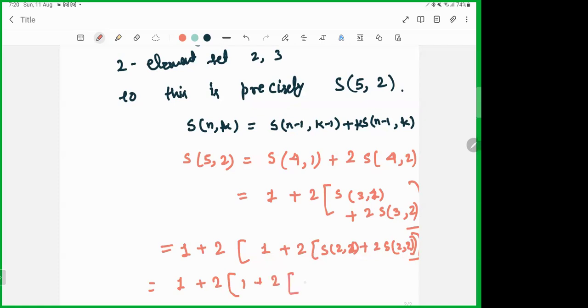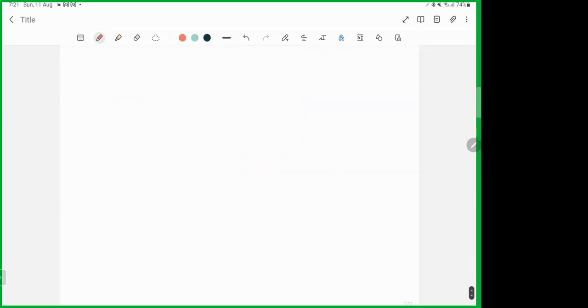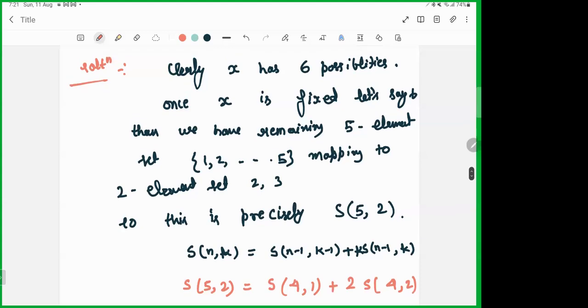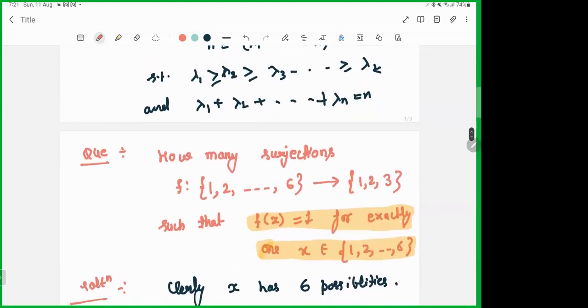This is 1 plus 2, the complete thing, so S(3,2) is 3. So 1 plus 2 times 3, 1 plus 6, 7. Then 7 times 2 is 14, plus 1, 15. Right? Correct? Yes. So is this correct?